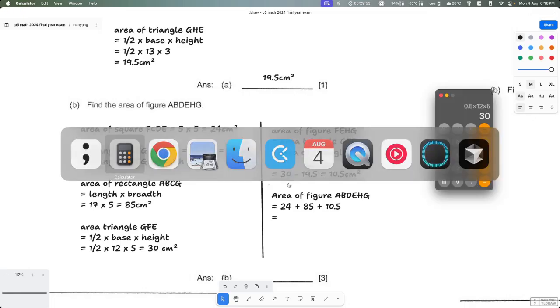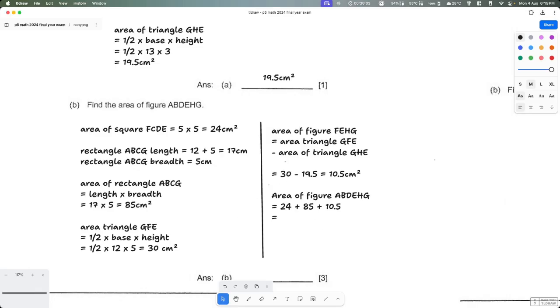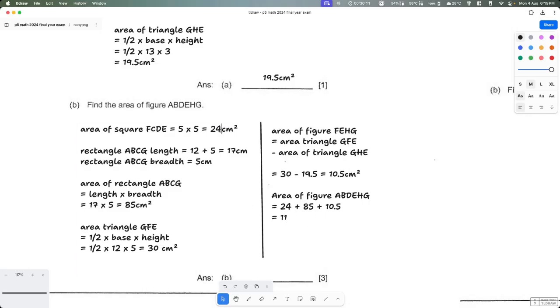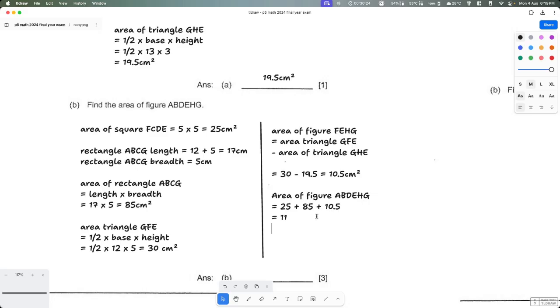Sorry, it's not 24, it's 25. So it's 120.5 centimeter square.